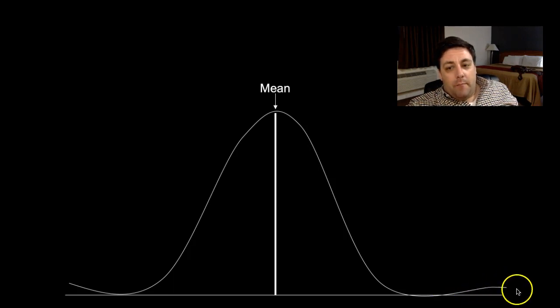So p-values that are really, really small are essentially saying that those results are occurring way out here, right? Infrequent, way out at the tails of the normal curve or the bell curve, where there's a really low likelihood of these scores occurring. So that's how they sort of relate.